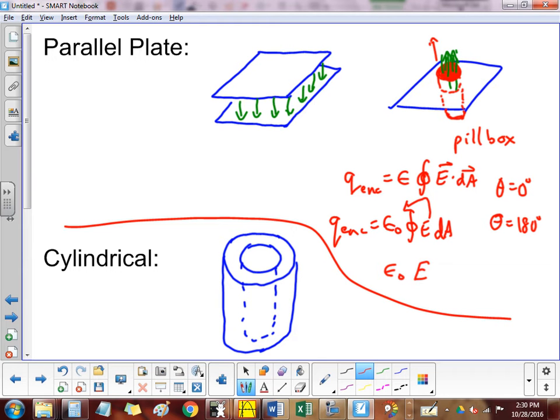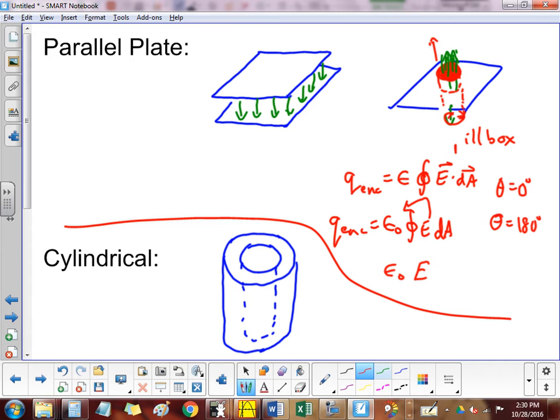So the E pops out. And you're not doing a closed integral really because you don't care about the lateral faces. You only care about the two faces, above and below. And I'm sorry, you have field lines going downwards also that I never did draw. So let me draw those real quick.